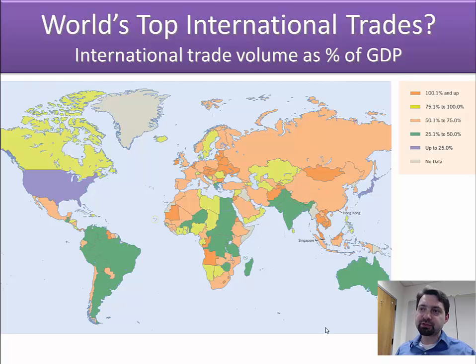One of the biggest reasons for that is that, first, size matters. For example, when you look at the United States, it's actually at the bottom of the list, so it seems like it doesn't trade much. The truth is that the United States trades a lot. Goods and services move there a lot. The problem is that it's a huge country.